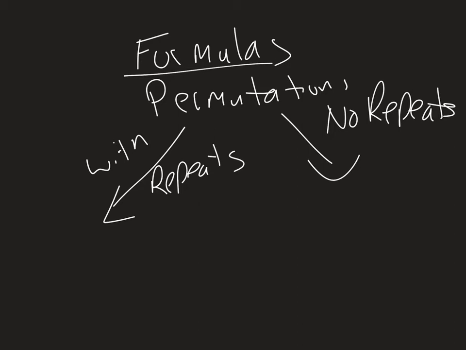If we know there can be repeats, this means that once I have a 3 on my first dial, there could potentially be a 3 on each one, but it might not be. What we would do in the formula, and we'll define what n and k are in a second, is take n to the power of k, where n would be my possible choices for each slot.